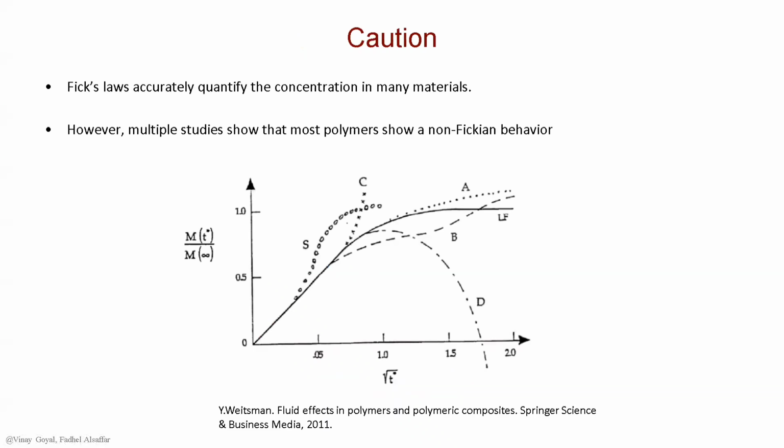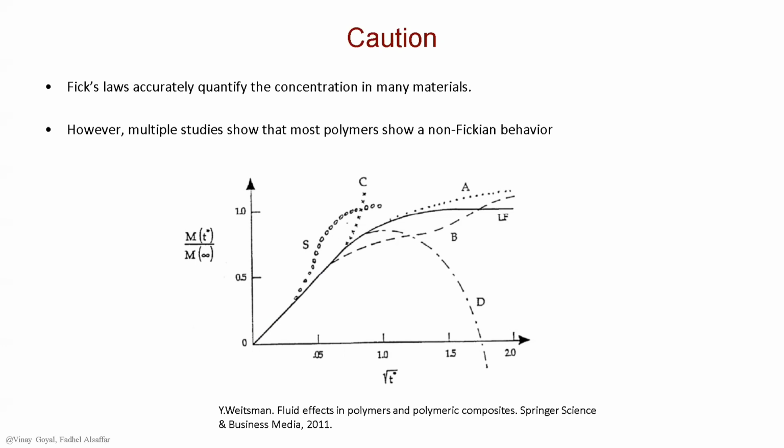A note of caution I want to point out is that Fick's law accurately quantifies the concentration in many materials, but many polymeric materials do not show a Fickian behavior. It's non-Fickian.